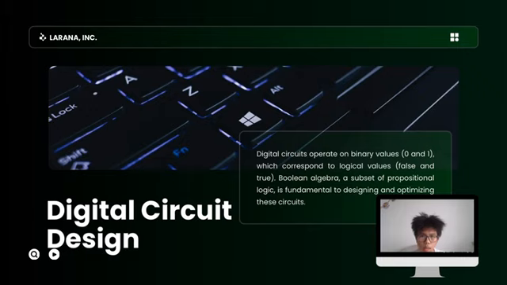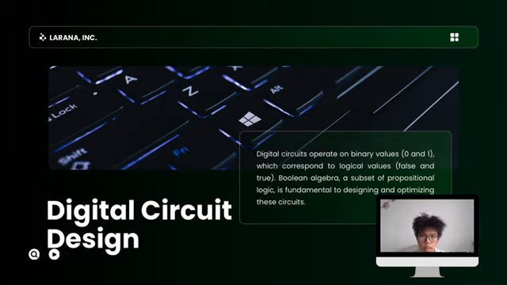And the second one is digital circuit design. Digital circuits operate on binary values 0 and 1, which correspond to the logical values false and true. Boolean algebra, a subset of propositional logic, forms a theoretical foundation for designing and optimizing these circuits.